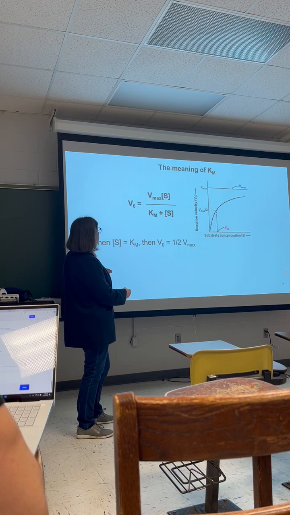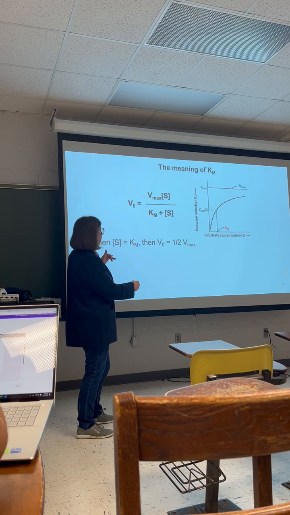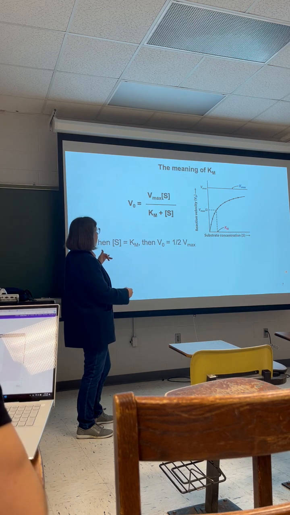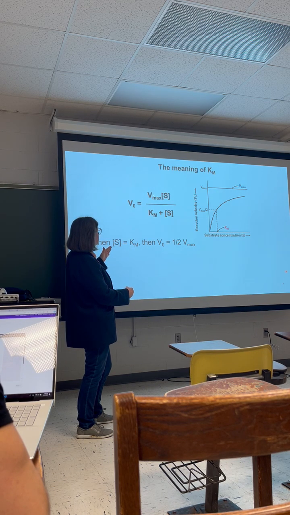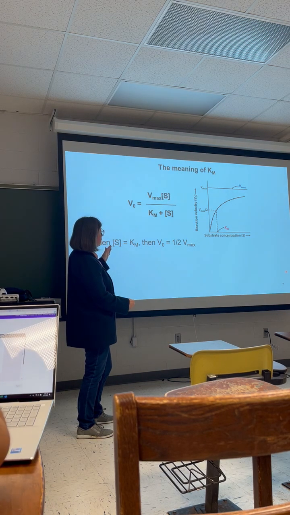If my substrate concentration is equal to Km, I have Km plus Km at the bottom. At the top, I have Vmax times Km, because substrate is equal to Km. You simplify Km, and what you get is that V0, initial velocity, would equal Vmax over 2.